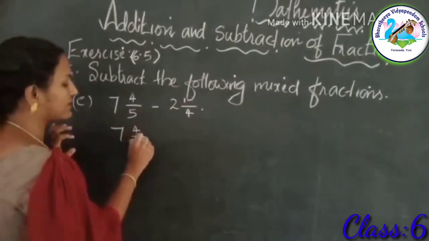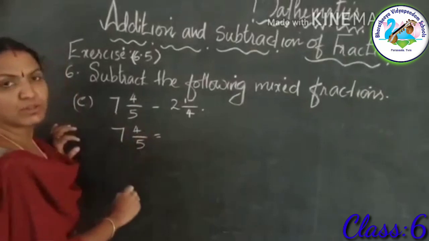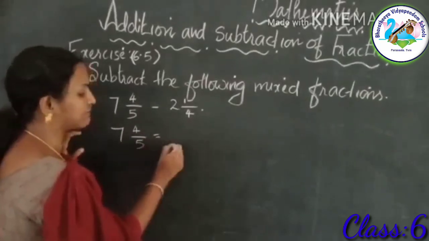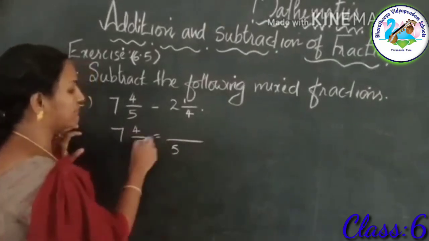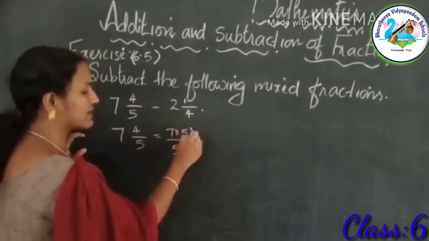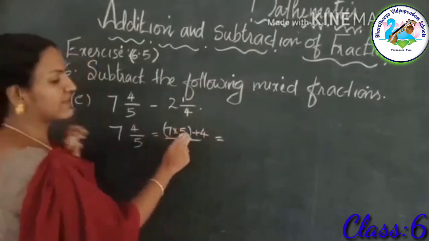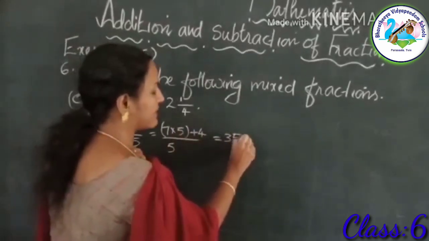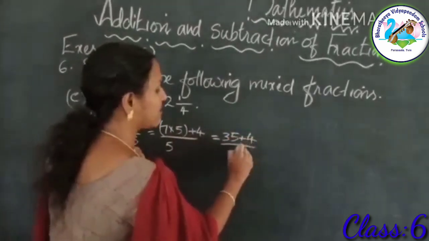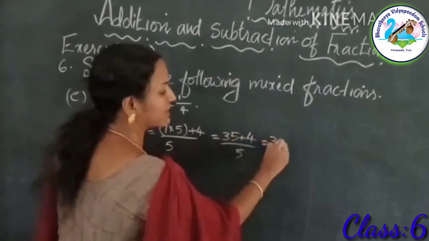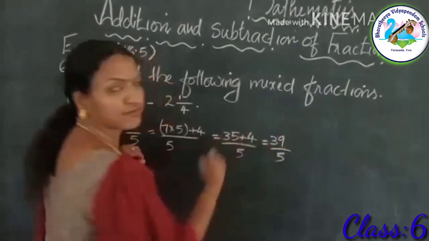Option E, 7 4 by 5 minus 2 1 by 4. 7 4 by 5 is a mixed fraction, convert them into an improper fraction. Here the denominator is 5, then multiply 7 and 5, add 4, 7 5s are 35. 35 plus 4 divided by 5. 35 plus 4, 39 divided by 5.